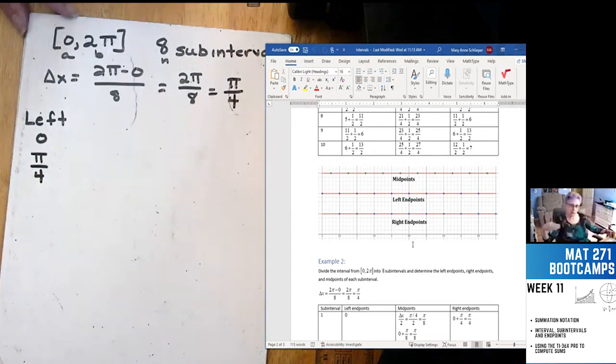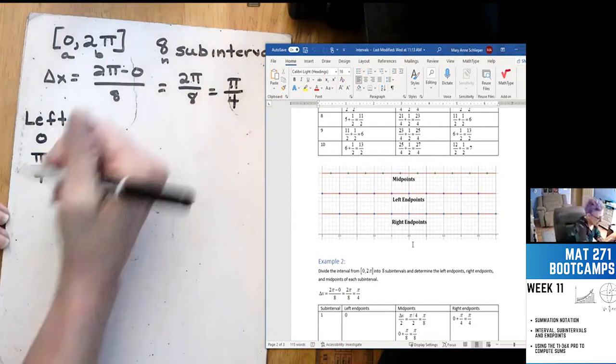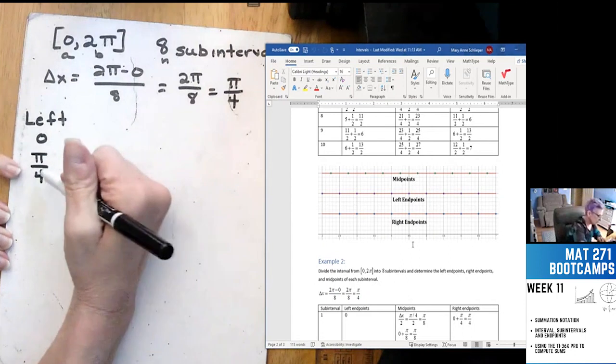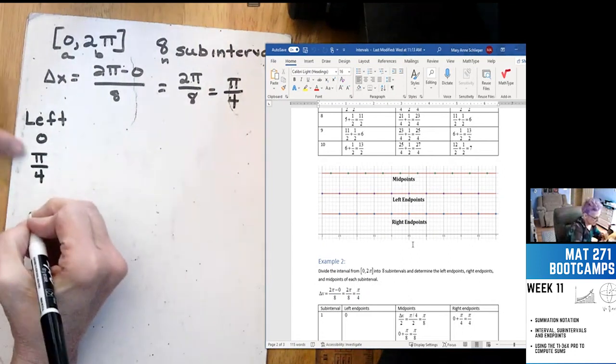So you can see where a sigma is going to work well for adding these things up because we use a pattern. We increment by delta x each time.